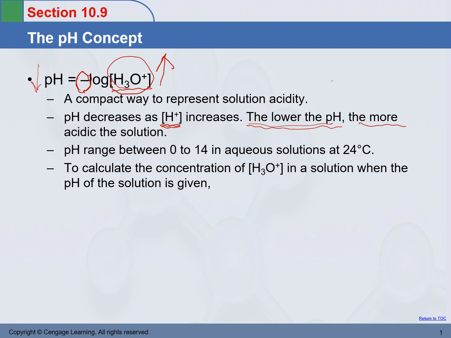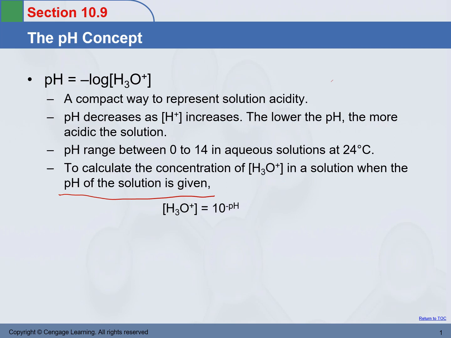Well, once the hydronium ion concentration is given, to calculate the pH you just take a negative logarithm of the hydronium ion concentration. However, in some cases, the pH of a solution is given. Then you need to calculate the hydronium ion concentration. How do you do that? Well, hydronium ion concentration equals 10 to the power of negative pH.